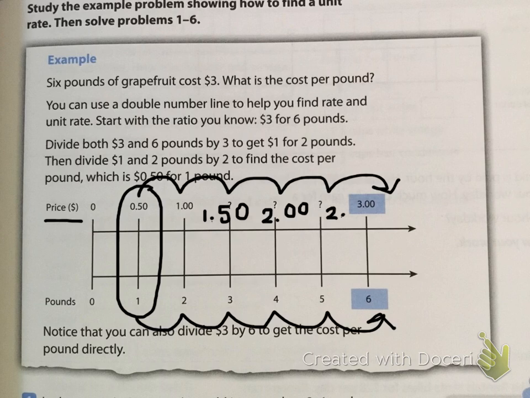Now to connect to proportional relationships though, we can also see that we could kind of skip. So that's talking about using a scale factor.